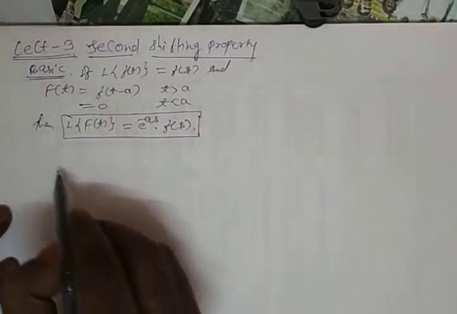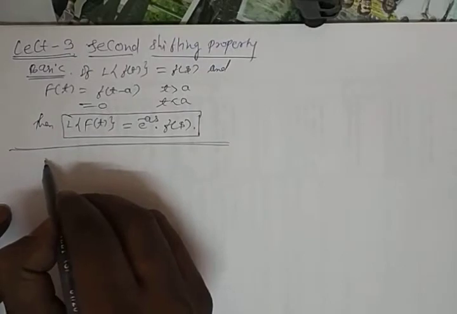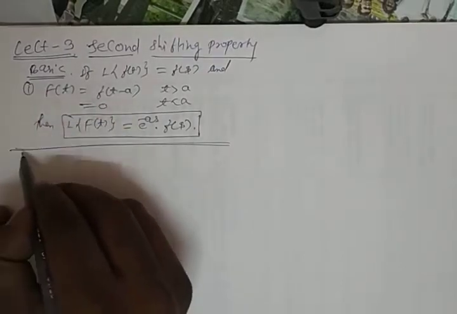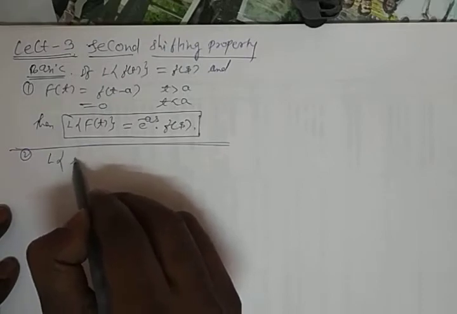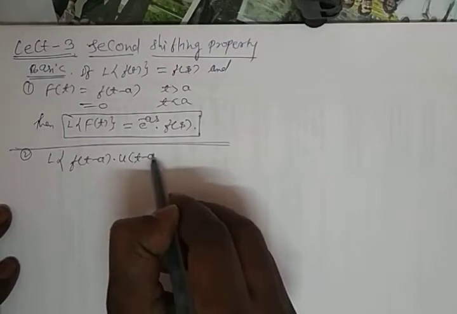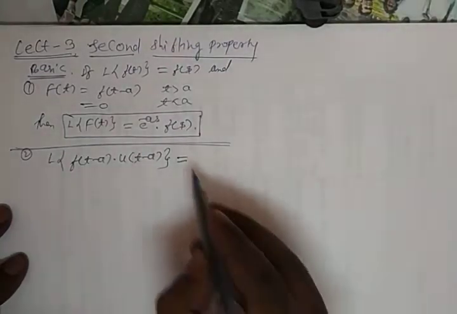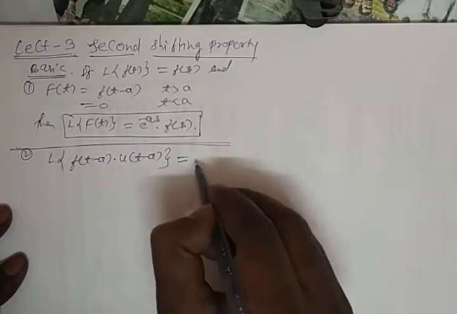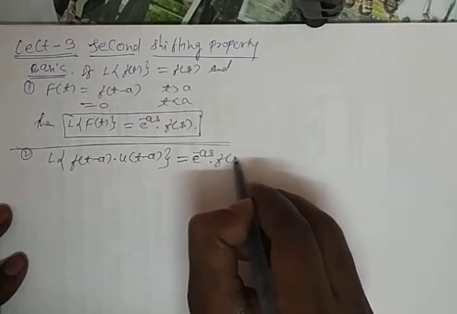So now therefore, one more formula we have also studied, this is basic 1 and this is basic 2, that Laplace transform of f of t minus a into u of t minus a, that is Heaviside function, unit Heaviside function. Okay, in that we have studied this, and what we can write this, e raised to minus as into f of s.